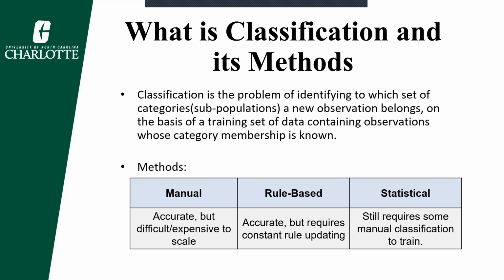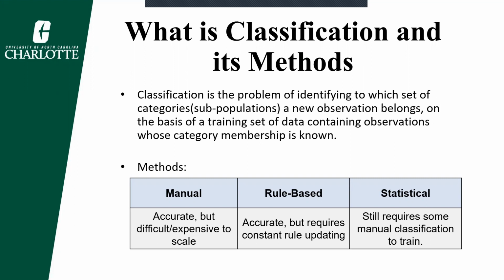The second one is rule based. Rule based is also accurate, but it requires constant updating of the data. For example, if a new observation has come and we found a new subcategory for the classification, then we have to update the rules according to this new subcategory and so on.